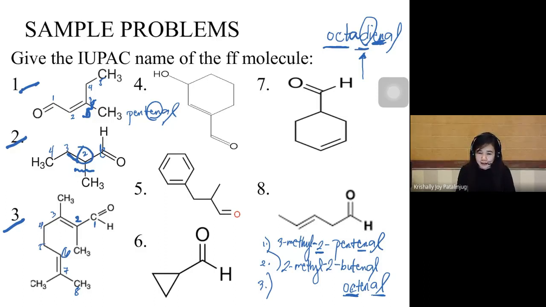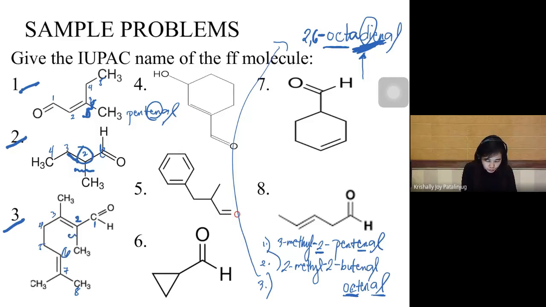So octadienal. The two double bonds are at carbon 2 and carbon 6. So that is the parent, 2,6-octadienal. There are substituents at carbon 2, 3, and 7. So when you write it, 2,3,7-trimethyl. Then join 2,6-octadienal.